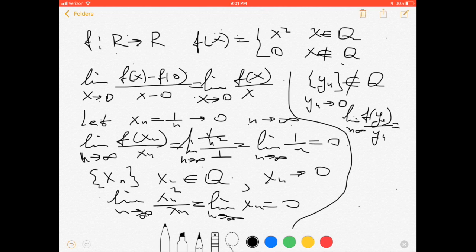But here the numerator is 0, so this fraction is exactly 0. This means you have the limit of 0 over y_n as n approaches infinity, and this is exactly 0. We proved our fact. It does not depend on what kind of sequence you have: if your sequence approaches 0, your fraction approaches 0. We proved this limit exists and is exactly equal to 0. This means the value of the derivative at point 0 is 0.